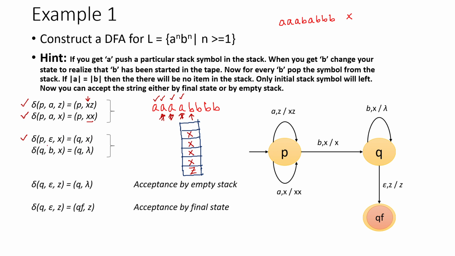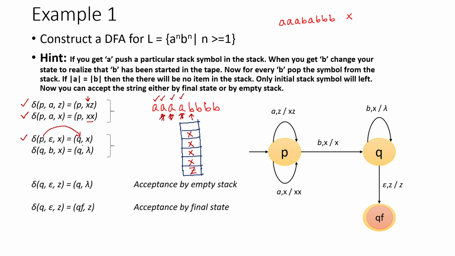We are doing nothing. But what are we actually doing? We are changing state from P to Q. That is the purpose we need, because this change of state will reflect that all the A's have completed and B is going to start. I require that, and I hope you will realize very soon why it is required and I will show you that.